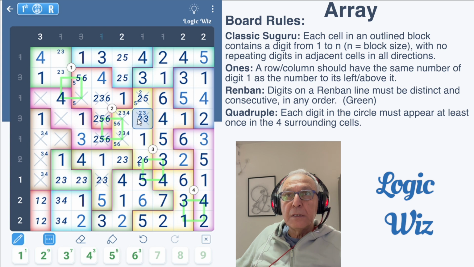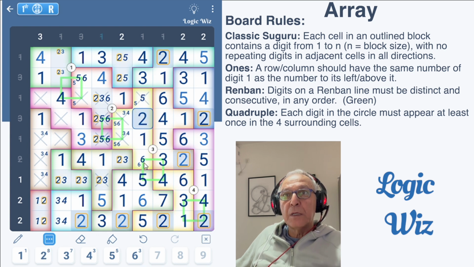However, we must have on this Renban a 3. The 3 on the Renban can only be here. Therefore, unless I'm mistaken, this must be a 2. And now we have 6, and I think this probably will open the puzzle completely.